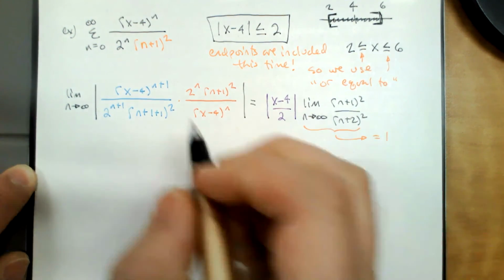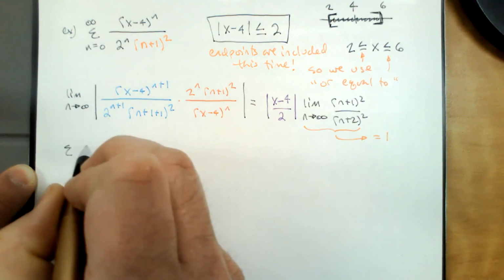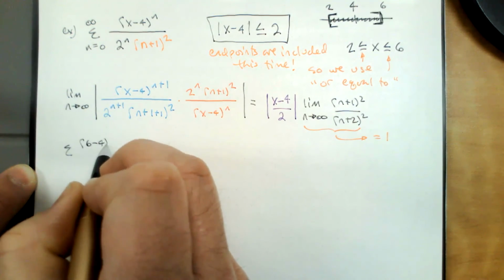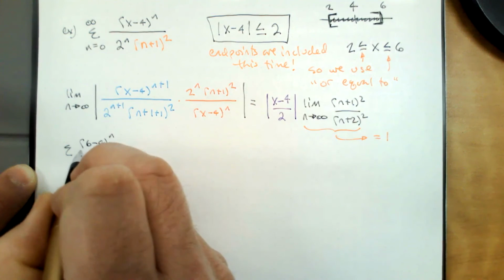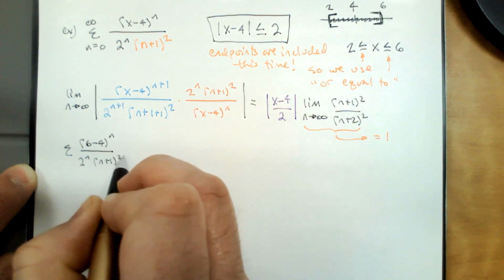And if we check the endpoints at 6, we get the series 6 minus 4 to the n over 2 to the n times n plus 1 squared.